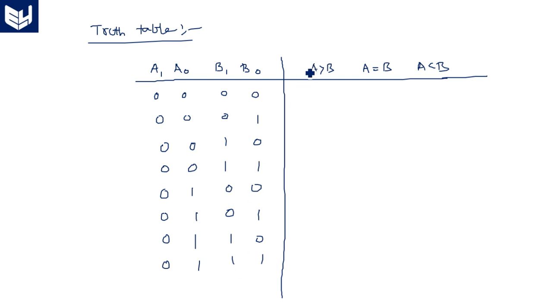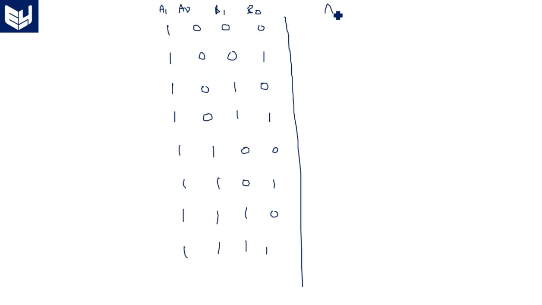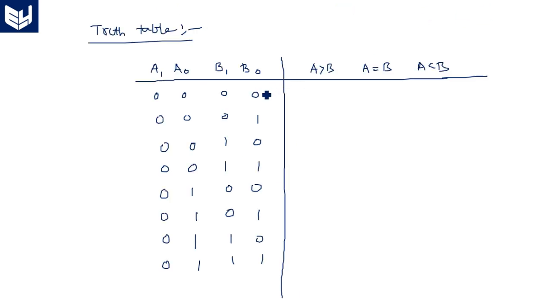Now let us see how the output is going to be written: A greater than B, A equal to B, A less than B. See here, the number corresponding to this 0 0 is 0. Okay, I will take a different color to represent the corresponding decimal equivalent.